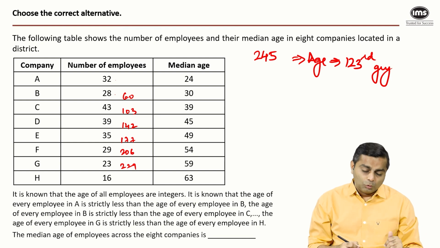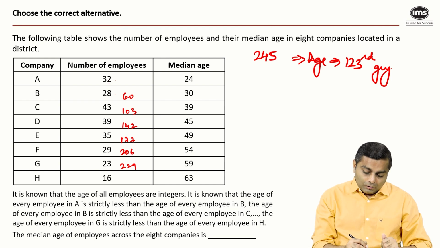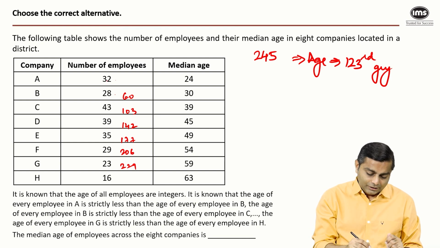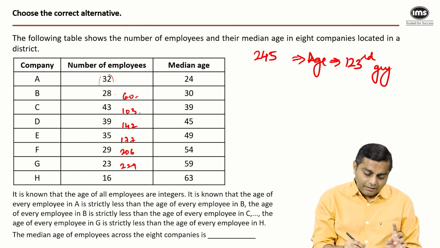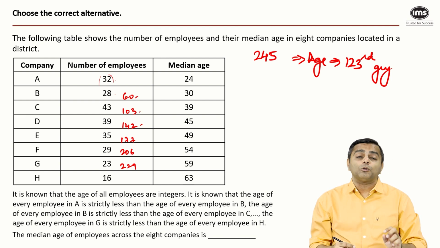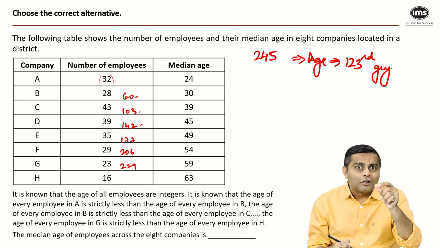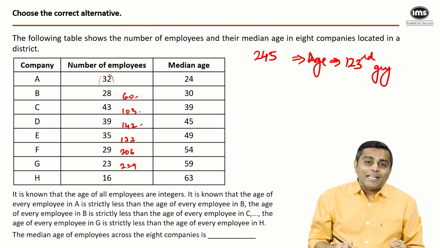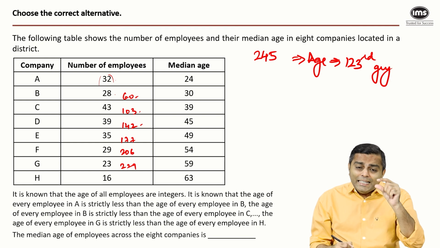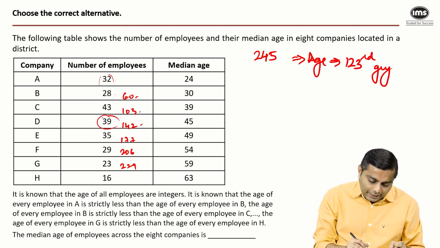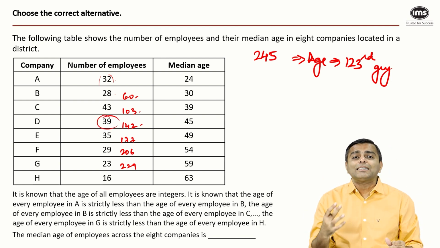Let's go back to the table. We need to go to the 123rd guy. So these 2 total 60, we know. After C we go to 103, and D is 142. So basically the guy we are looking for is somewhere in company D. Now D has 39 employees.